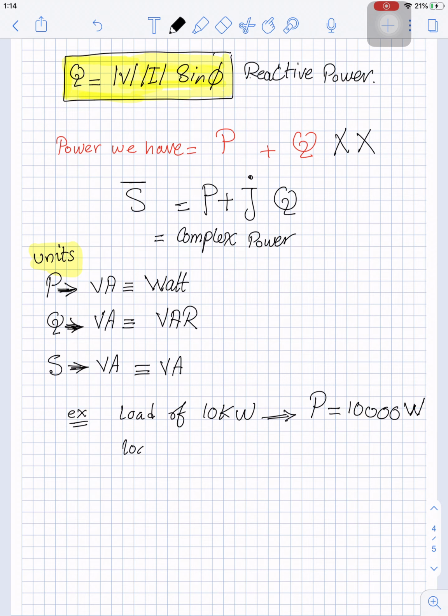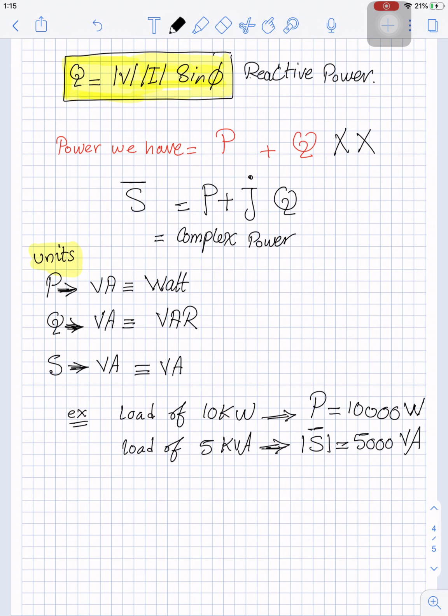Now if you have a load of 5 kVA, what is the meaning of this? The meaning is that your S as magnitude equals 5,000 volt ampere. So from the unit, you will know if the given power is active, reactive, or complex or apparent, as we will see later on.